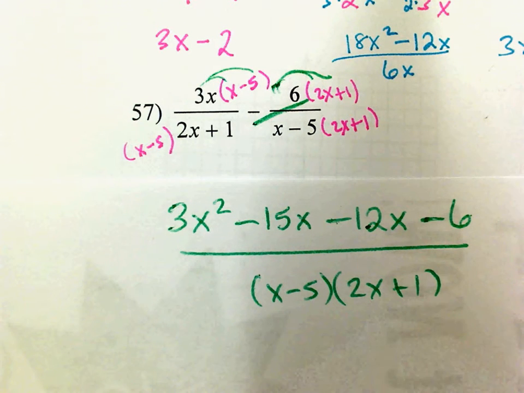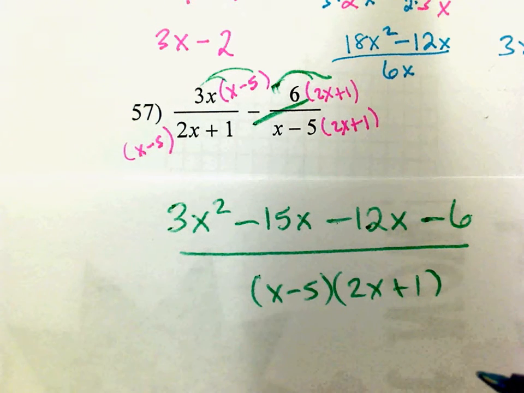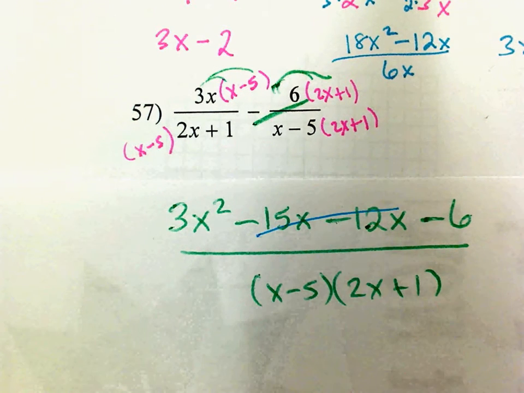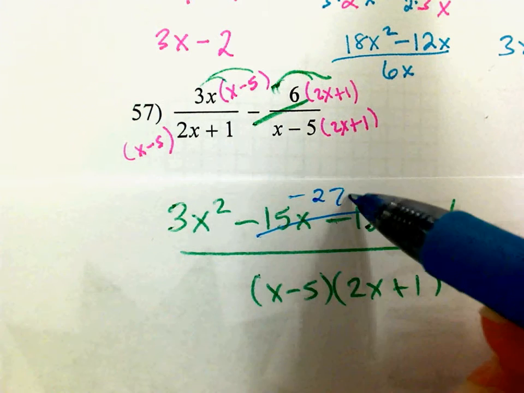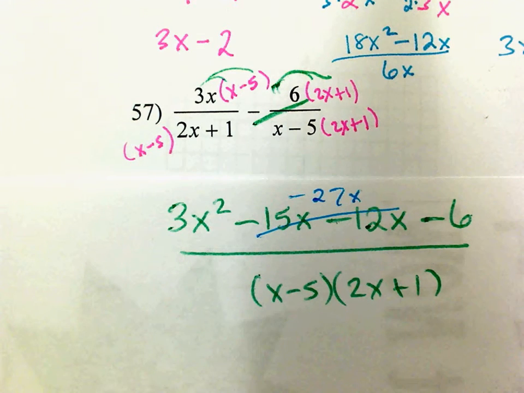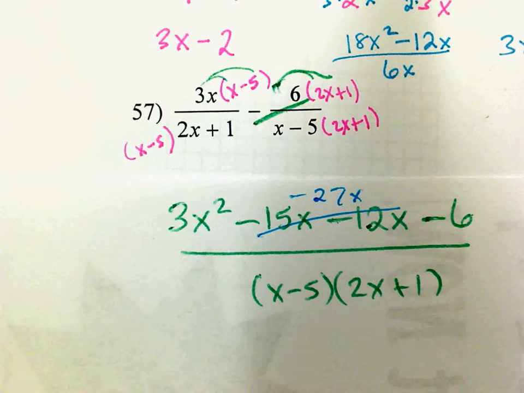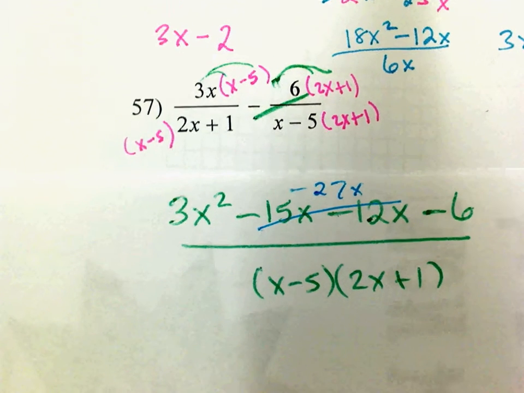Is there anything you can combine, guys? What's negative 15 and negative 12? Negative 27x. Okay. We good?